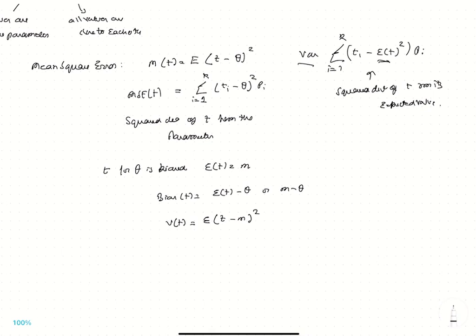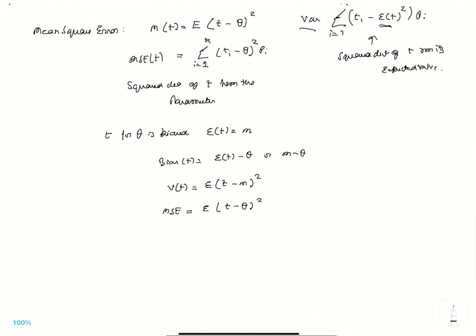While MSE is going to be the expected value of (T minus theta) squared, and when we simplify it we get this: MSE of T is equal to the variance of T plus the bias of T squared.